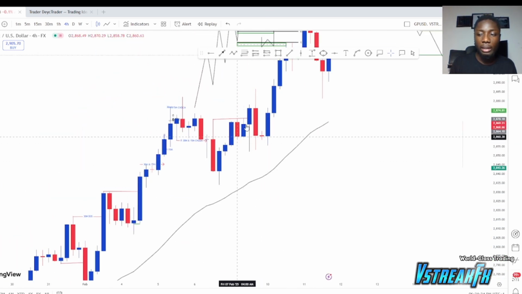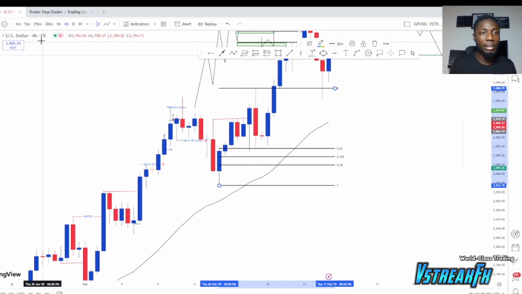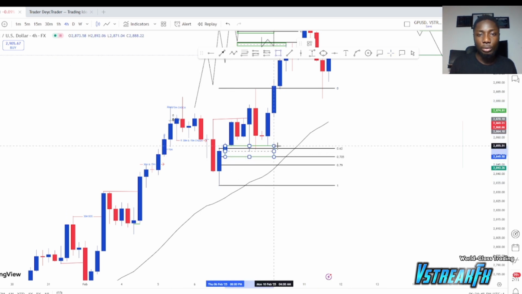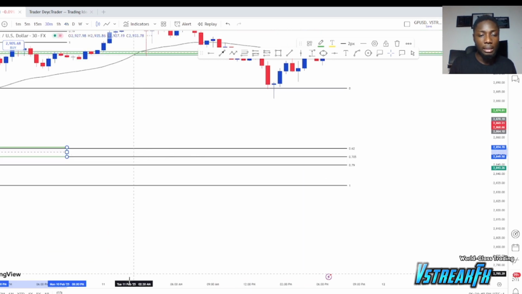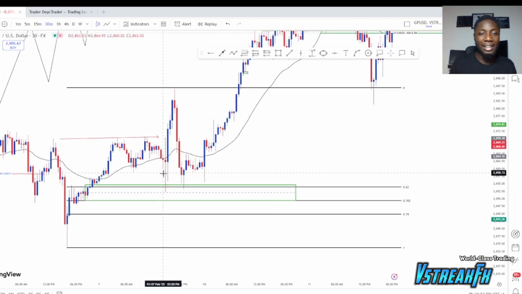Okay, let's look at an impulse here. Let's say this is where the price is, and I'm marking it to the upside here. You can see there's a level here. This is on the 4 hours. Let's go down to the 30 minutes to look at this area and see if we are going to get the candlestick for entry. Very beautiful. This was where we got that 3-touch example.